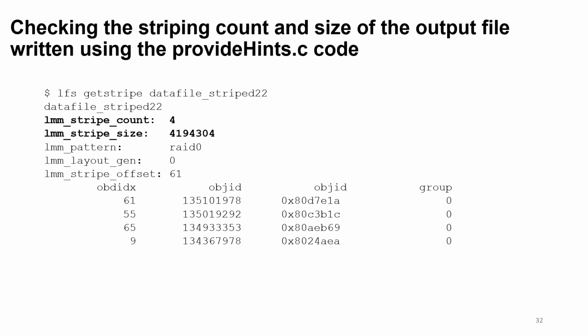As you would notice from the data presented on the slide, we were indeed successful at changing the default stripe count and stripe size, because this new file has a stripe count of 4 and a stripe size of 4 MB. By default, the stripe count was 2, so this got changed here.